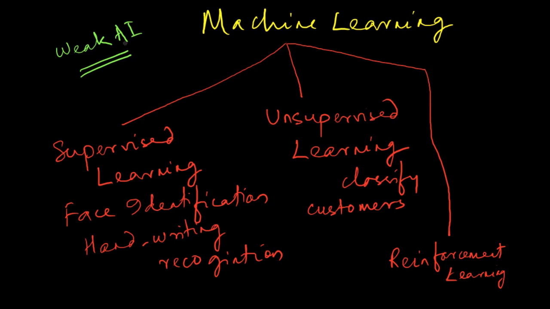So now one question that often crops up in this regard is: is machine learning equal to AI, or is AI a subset of machine learning, or is machine learning a subset of AI? Okay, so we have three options. I'm writing WAI because I want to emphasize that we are only talking about weak AI and not strong AI. So one option is that ML is equal to weak AI.